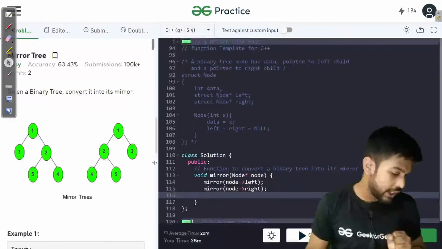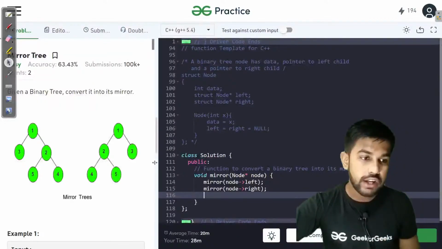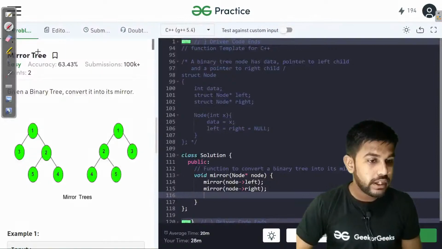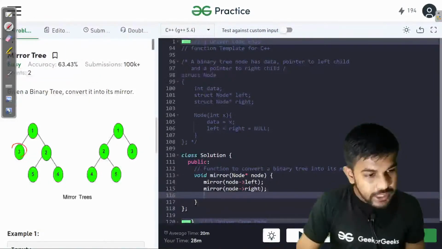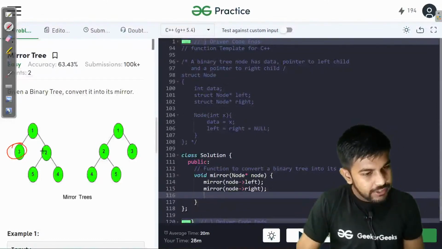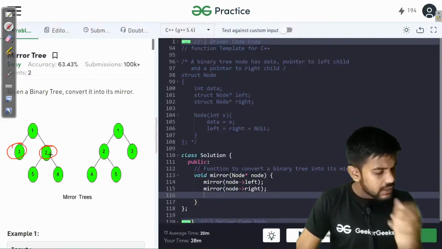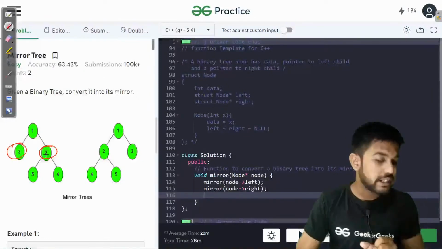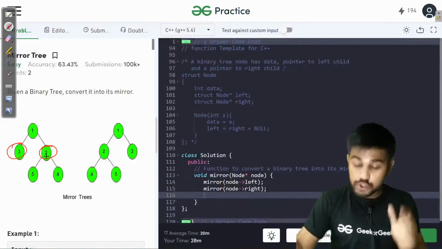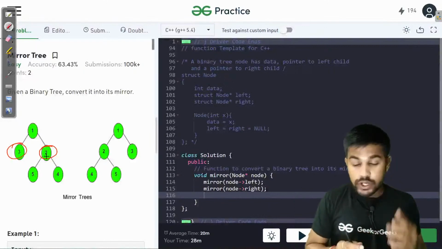But how far do we want to go? Suppose we are at this tree, we are visiting the left child, then we are again visiting the right child. This is what we are doing. But we want a base condition to stop this recursion. So what is the base condition?